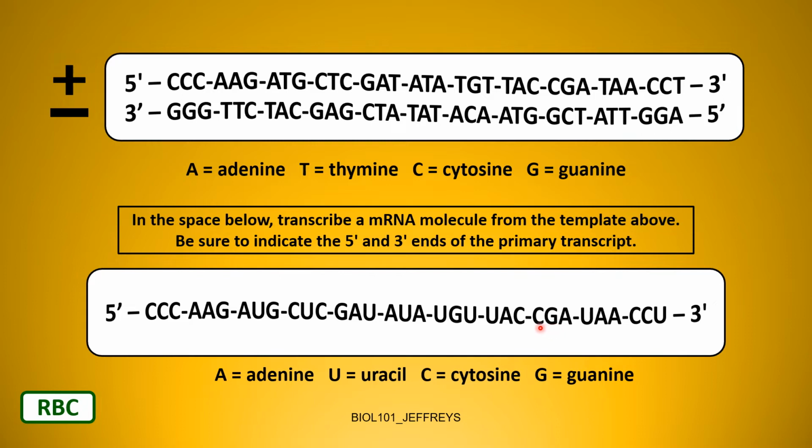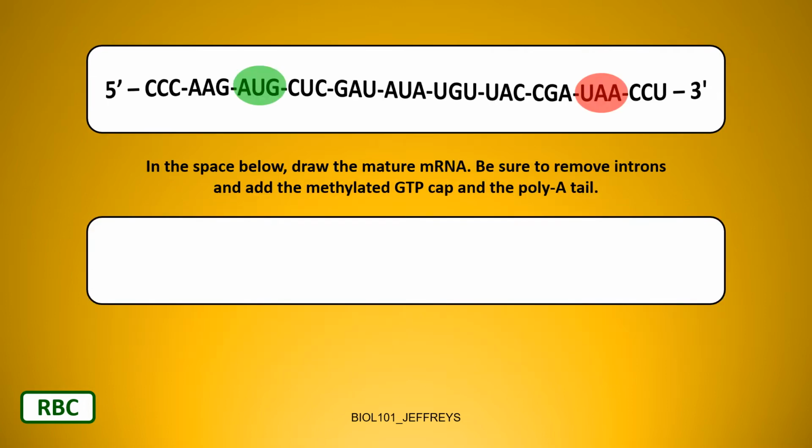We need to modify it before we can translate it. I'm going to move this up here. Now what I've done here is, once again, each amino acid is 3 letters. We call that the codon.